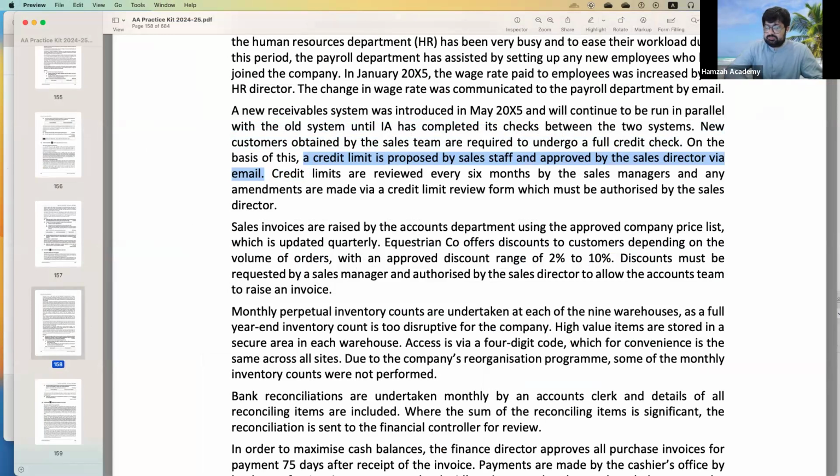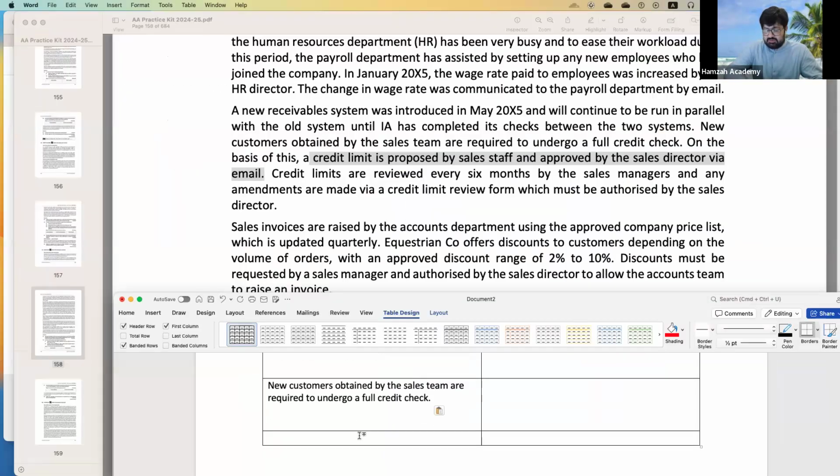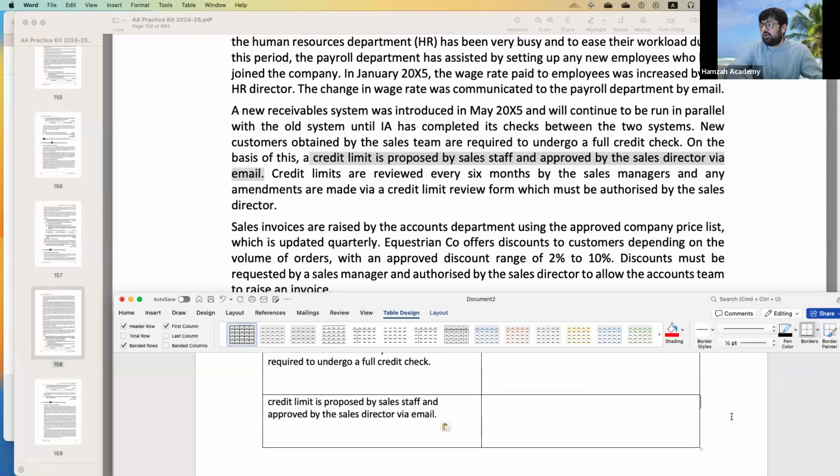Now, and these credit limits. So the second point is here, and the third point is here.